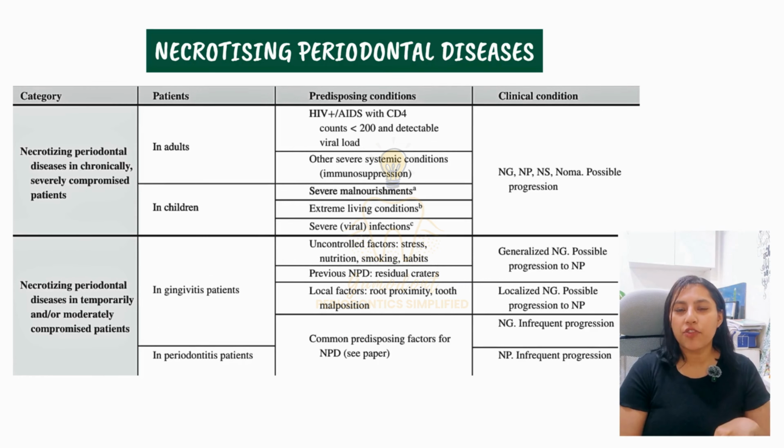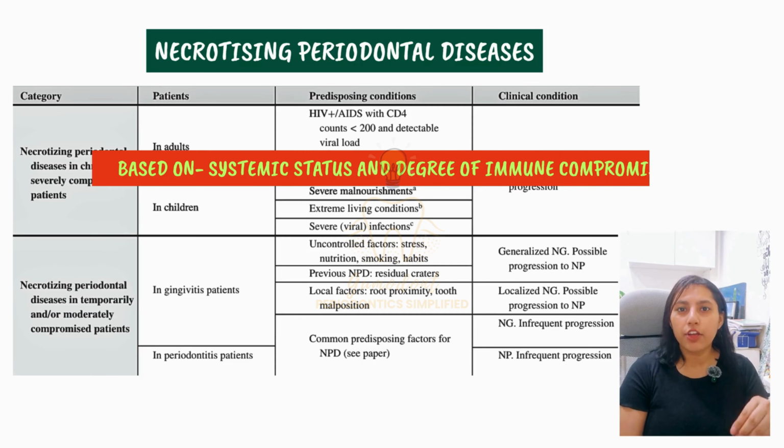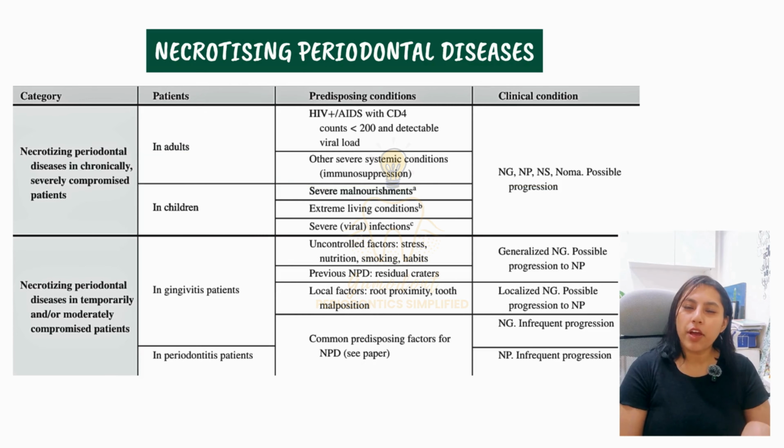If you look at the classification table for necrotizing periodontal diseases, it is actually based on the patient's systemic status and degree of immune compromise. Broadly, these patients are divided into two groups. First, chronically and severely compromised patients, and second, temporarily or moderately compromised patients.